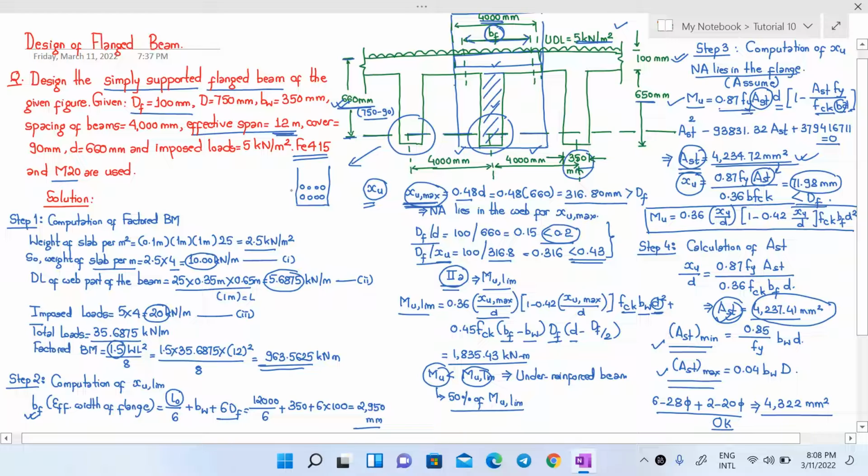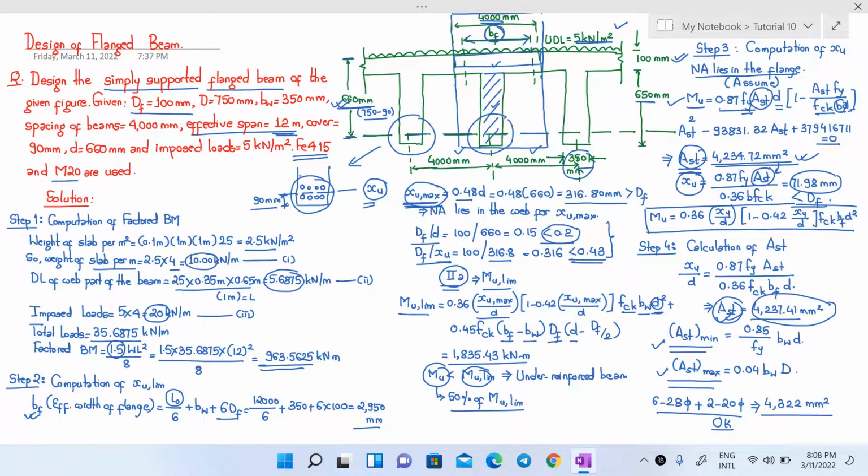And you have to make sure that the centroid of these bars is at a distance of 90 mm, which is our effective cover here. In this way, you can arrange the required number of bars. So we have completed the design of this flange beam here.